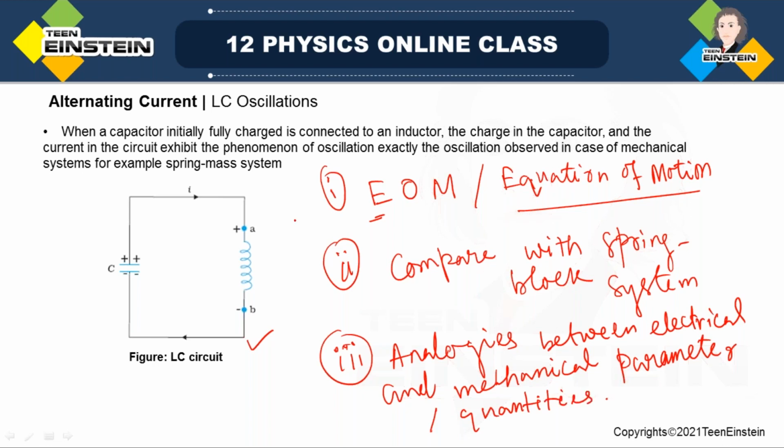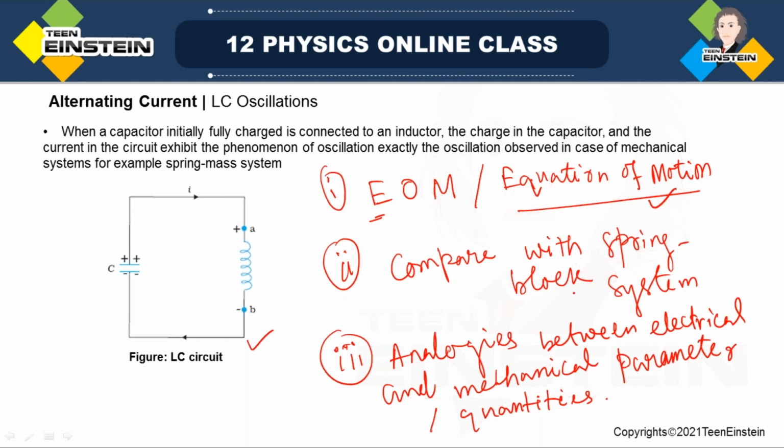So what is the aim for today's class to learn? There are a few things which we will be doing here. We'll first apply Kirchhoff's voltage law or loop rule to find out the equation of motion, and we'll compare it with the mechanical equation of motion for simple harmonic motion, especially with the spring block system.